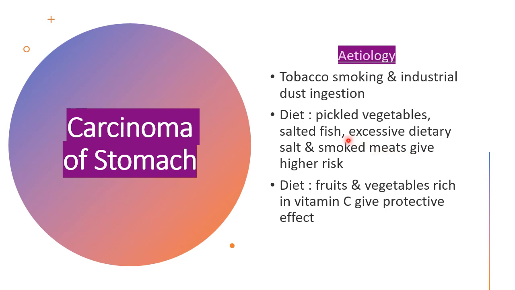Smoked meat, especially smoked salmon, is supposed to be a very important cause in Japan. Diet, fruits and vegetables rich in vitamin C give some degree of protective effect against developing cancer of the stomach.